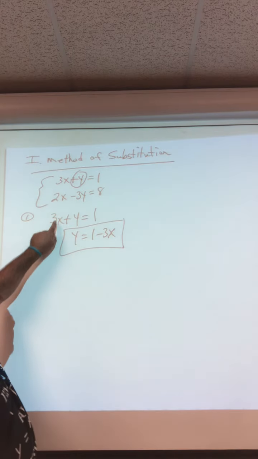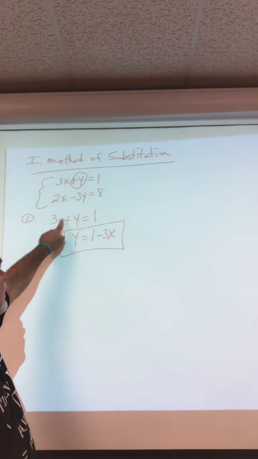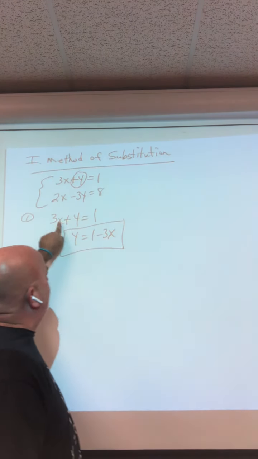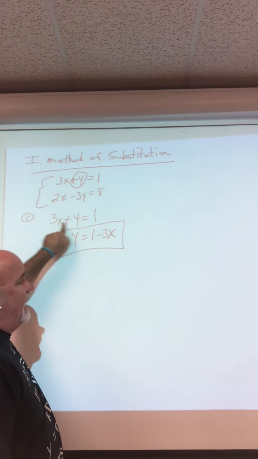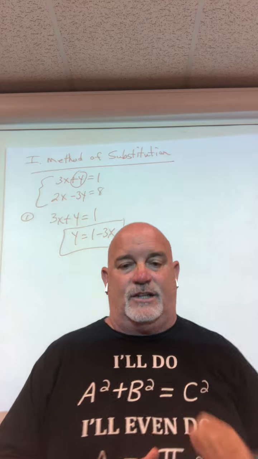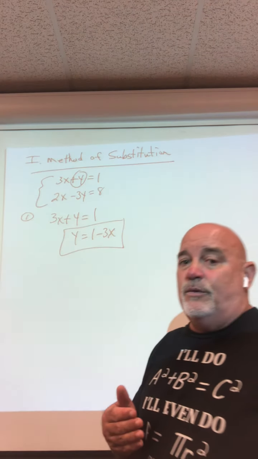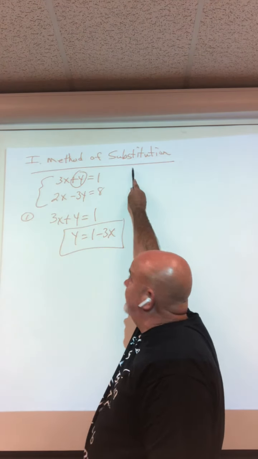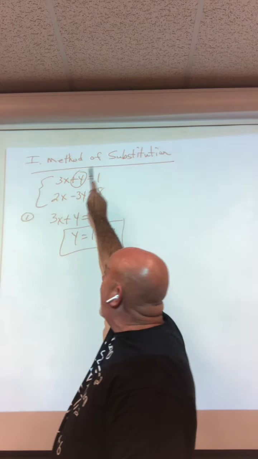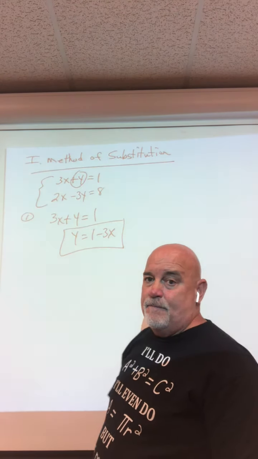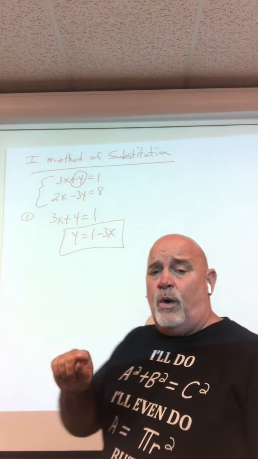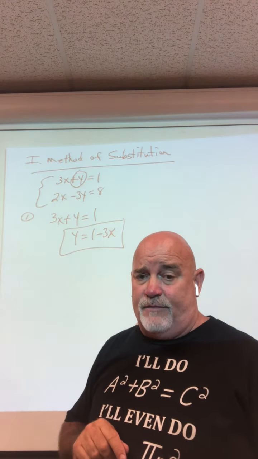Now, you say, Mr. Randall, why didn't you solve for the x here? Because if you move the y over, if the x has a number in front of it, you have to divide by it. And then you have to deal with fractions. So what I would suggest is, when you're doing the substitution method, always solve for the one that has a 1 in front of it. Now, you say, what if none of them has a 1 in front of it?